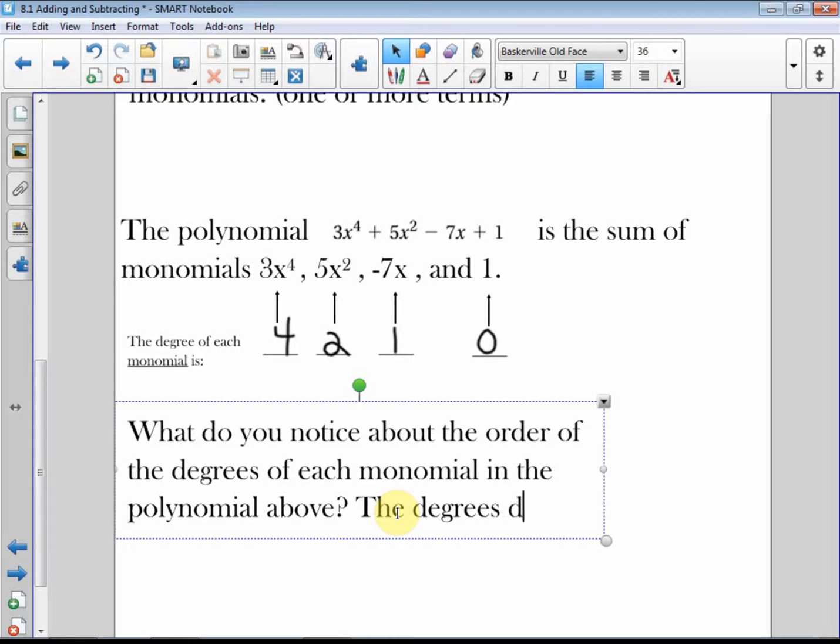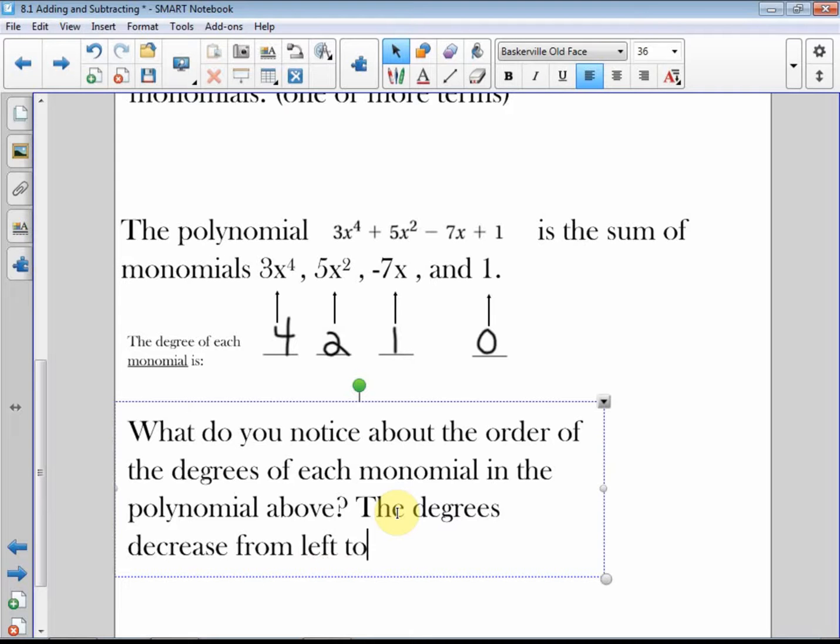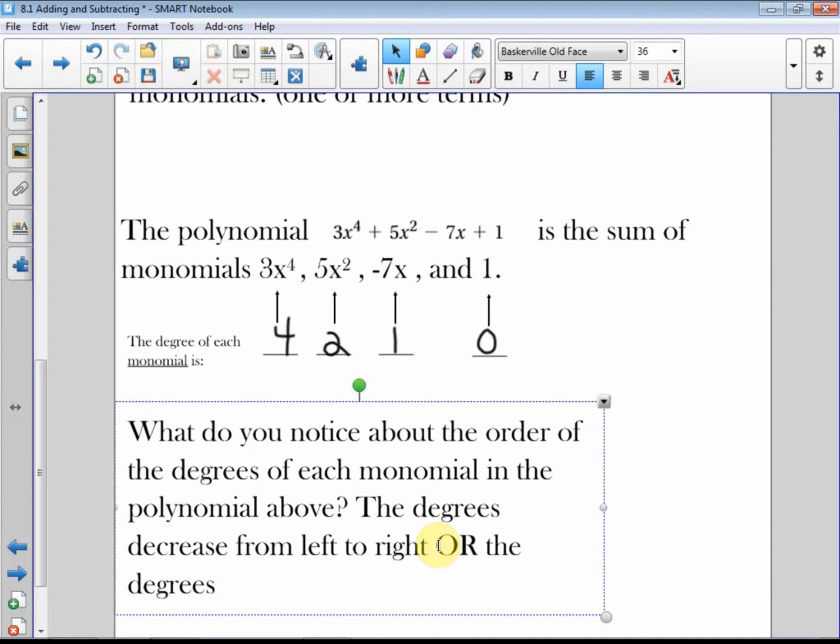So the degrees decrease from left to right. They are going in descending or decreasing order. Or you can say the degrees are in decreasing order.